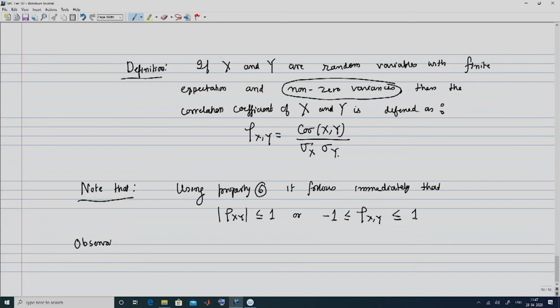Next we make one observation in the context of the fact that rho XY lies between -1 and +1.